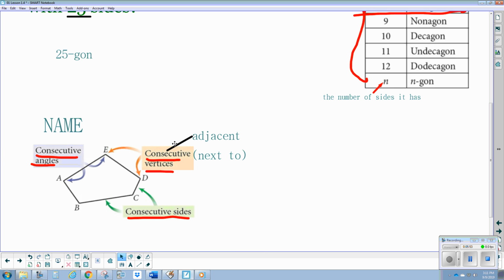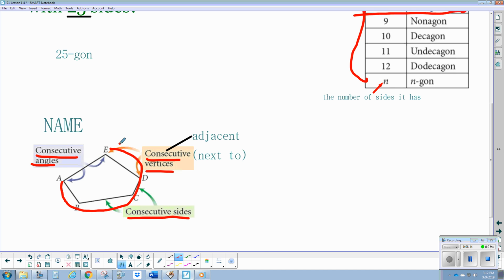If we're talking about consecutive angles, we're talking about the angles that are next to each other. So A's consecutive angles are B, then C, D, E. We're going to name polygons using consecutive angles. It doesn't matter which way you go.